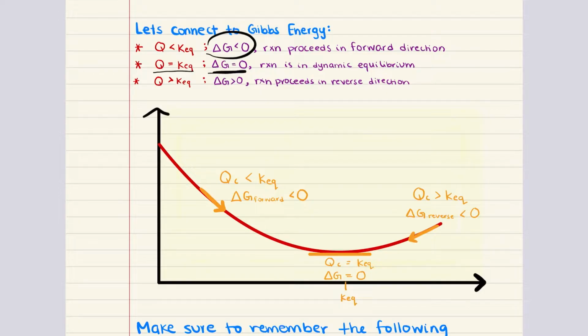And then last, when Q is greater than K, delta G is going to be greater than 0. This indicates that the forward reaction is non-spontaneous. The reaction will proceed actually in the reverse direction to convert products back into reactants until equilibrium is reached.